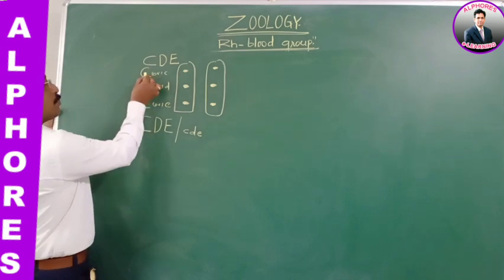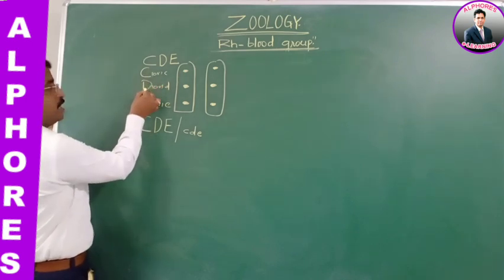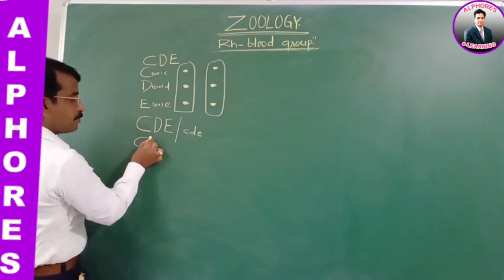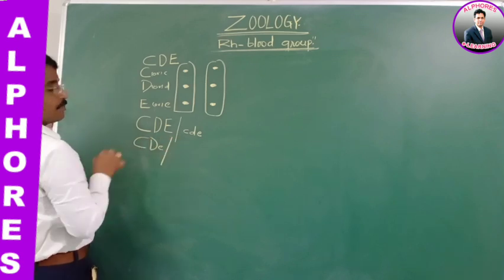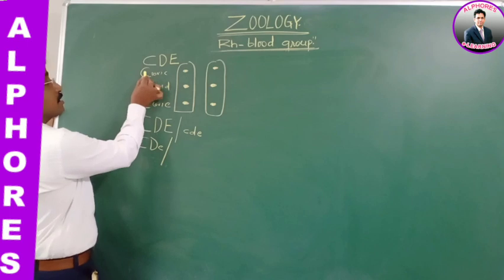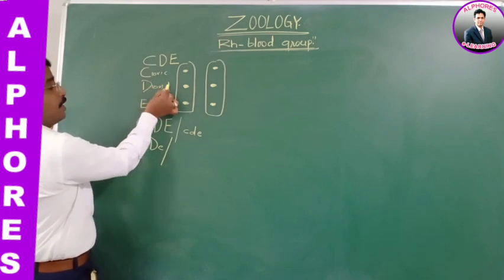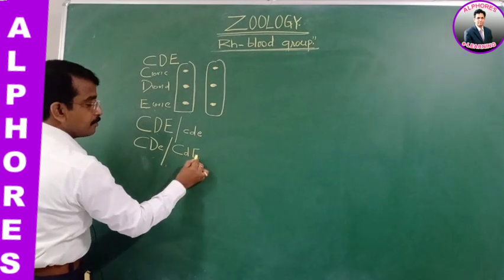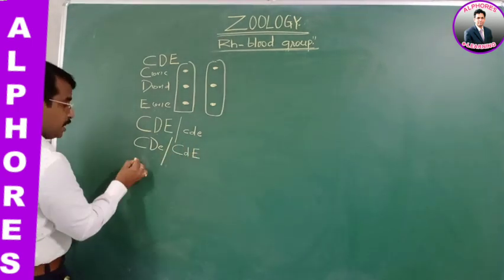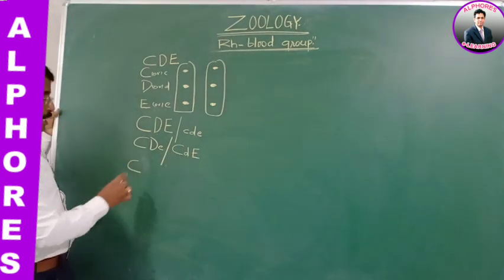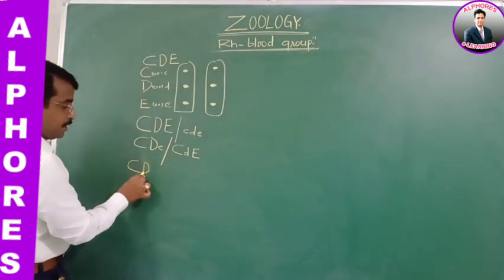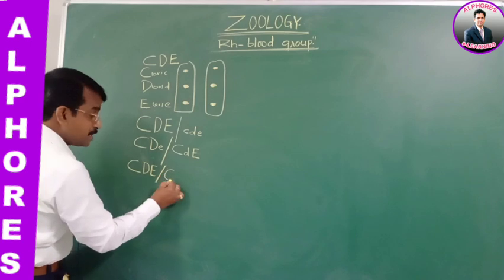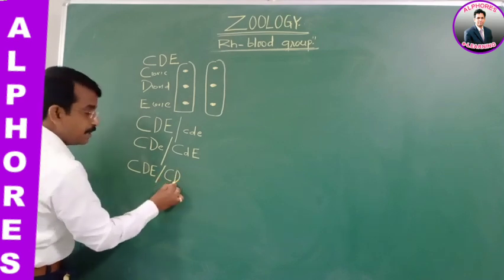Next, there is a possibility of capital C, capital D and small e, and another is capital C, small d and capital E. Next, it may be capital C, capital D, capital E and capital C, capital D, small e.